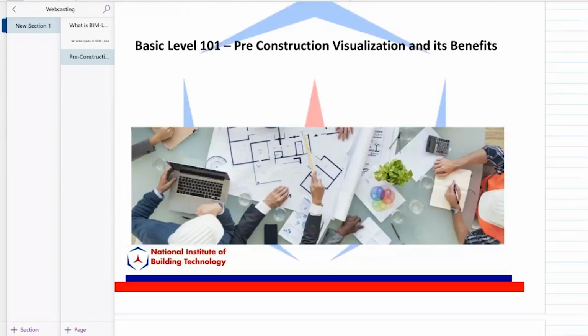Now, in a construction world or in a designing world, 50 to 60% of the construction cost goes towards MEP, mechanical, electrical, plumbing, and typically fire protection is put under plumbing.